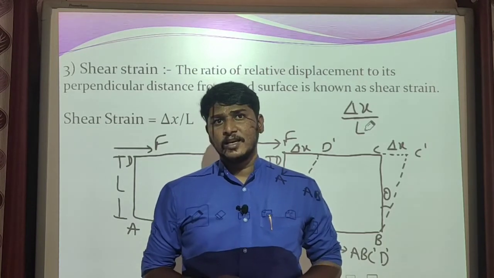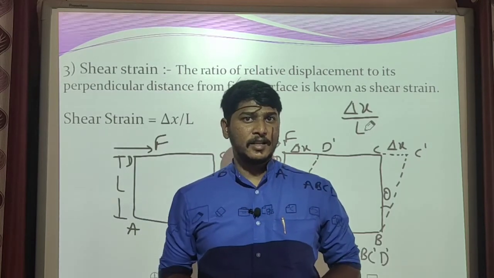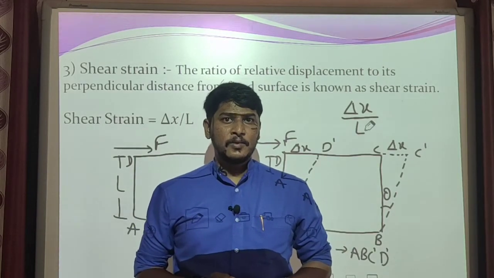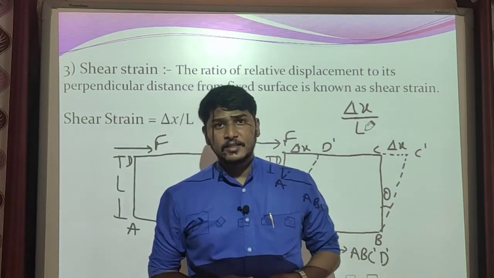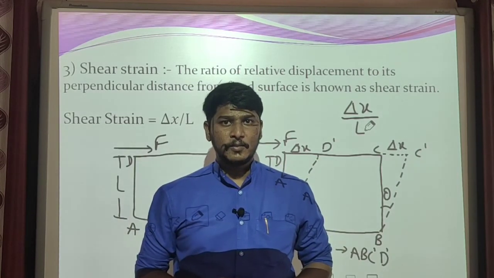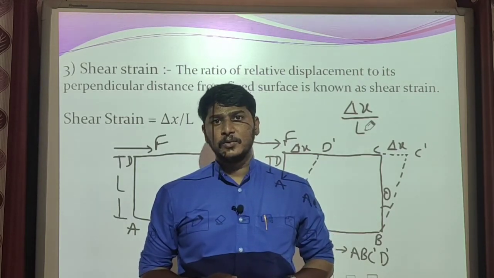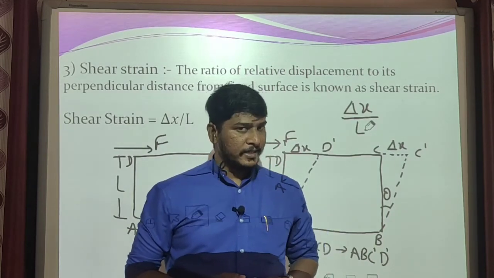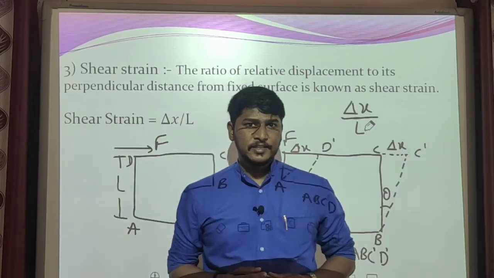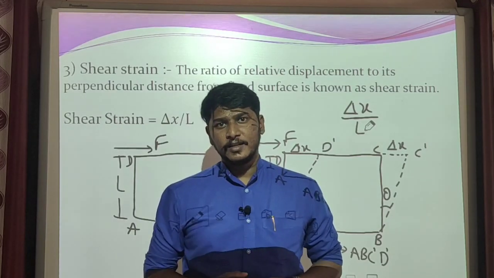In the second case, compressive strain, we observe a decrease in length, and compressive strain is defined as the change in length to the original length. The second type is volume strain, which is simply the change in volume to the original length. And the third one is shear strain, the ratio of relative displacement to the perpendicular distance.